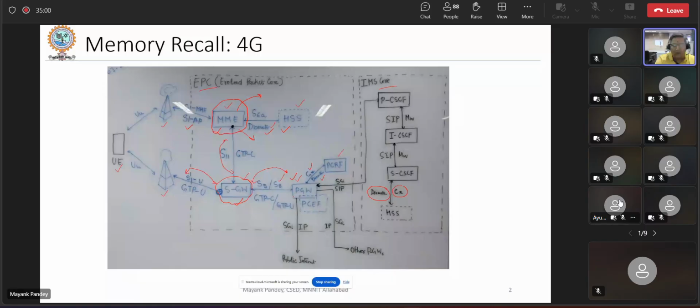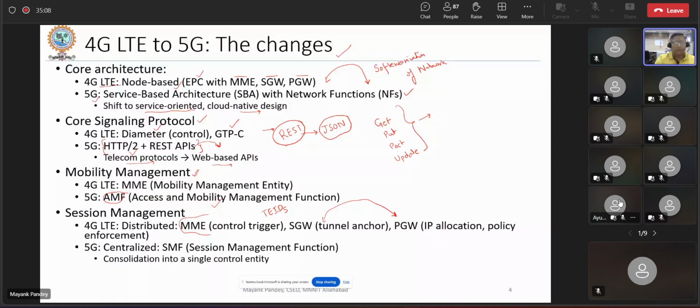So your session management in 4G was distributed. The MME had all the control, meaning all the information base was with the MME. The SGW was the tunnel anchor, and the PGW used to do the policy enforcement and IP allocation. Fine.